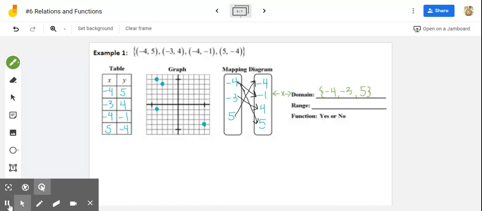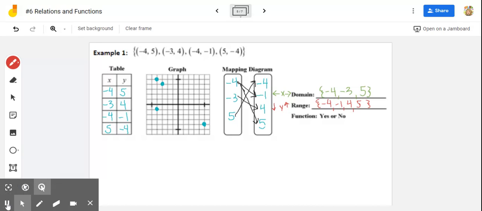So the domain goes from -4 on the far left to -3 to +5. Now notice I don't repeat -4 because I've already accounted for that value. As for your range, the lowest I go is -4, then -1, then +4, then +5. Now the last question is, am I a function?